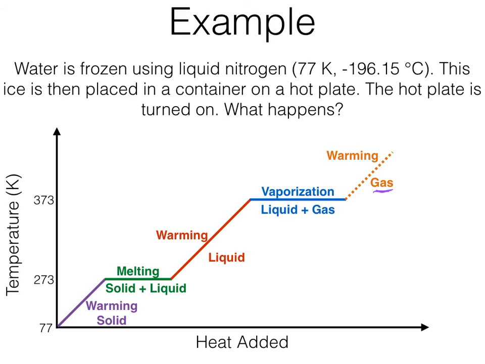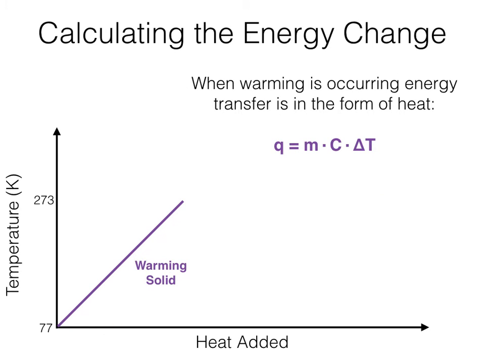Okay, so now we can start to think about how to quantify the heat that is added. And so in the first part of this problem, we are warming our ice cube. I didn't give you the mass of the ice cube.